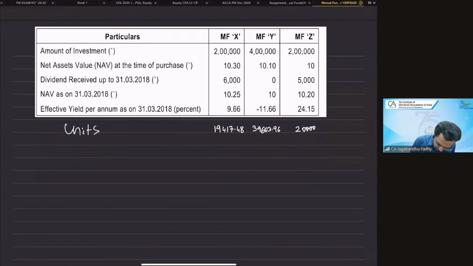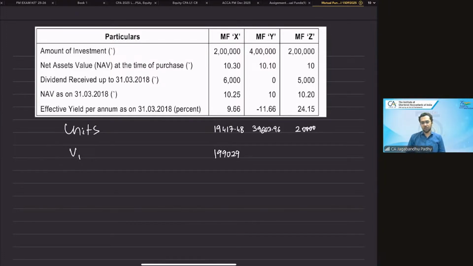So we can get the value at the end of the year, which is as on 31st March 2018. So NAV is what? 10.25 into 19,417.48. How much is this? 1,99,029.17.